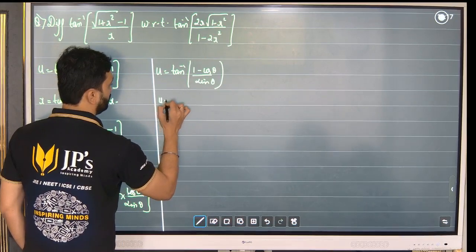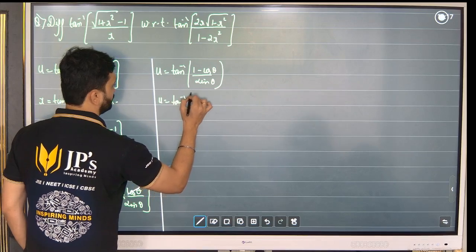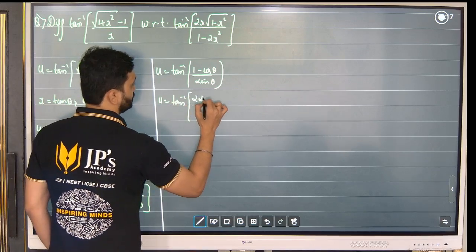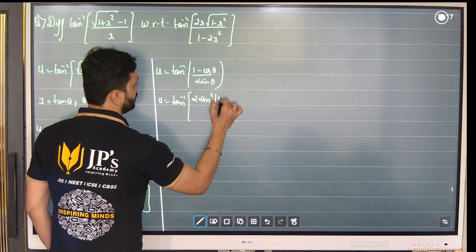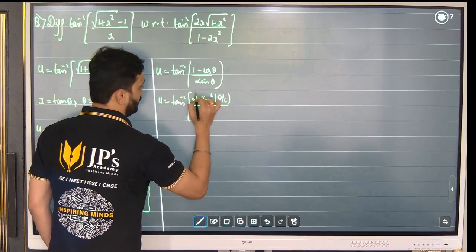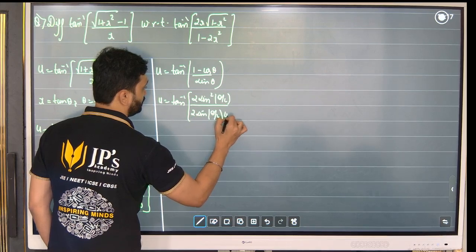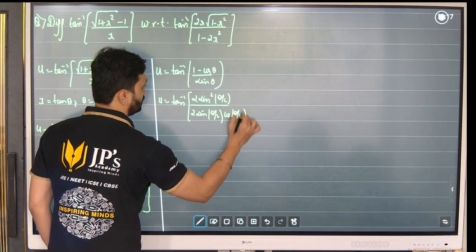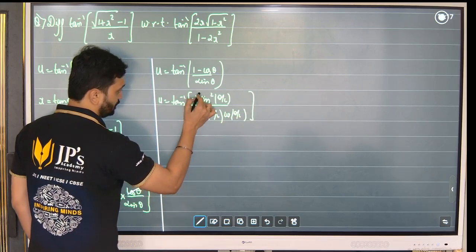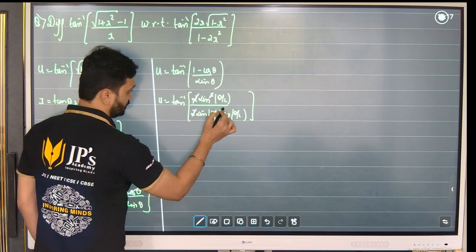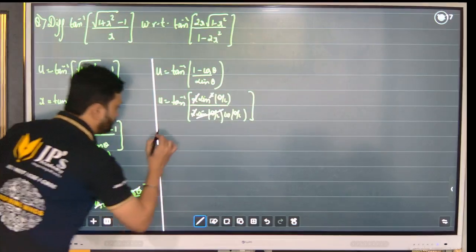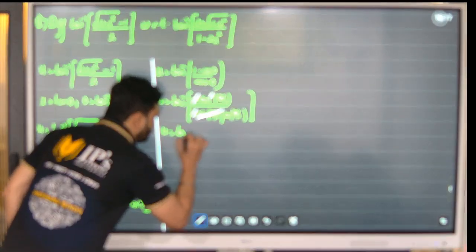I know the formula for 1 minus cos theta. 1 minus cos theta is 2 sin square theta by 2, and sin theta is 2 sin theta by 2 cos theta by 2. This 2 cancels, this 2 cancels, this cancels. What is sin theta by 2 by cos theta by 2?